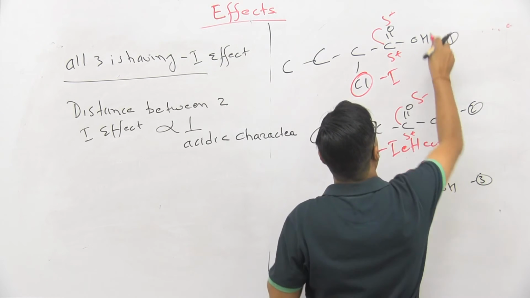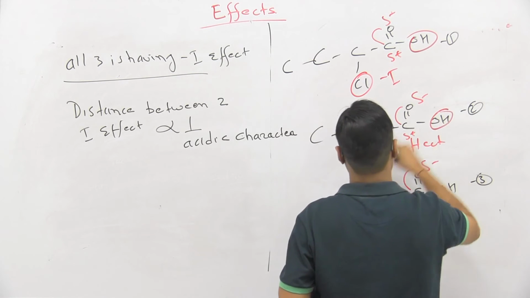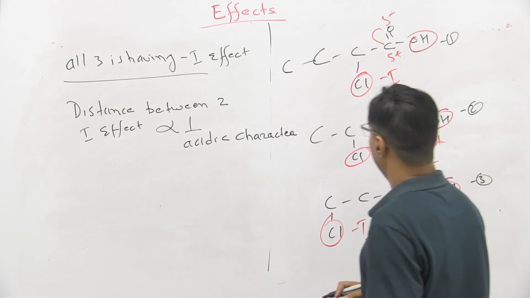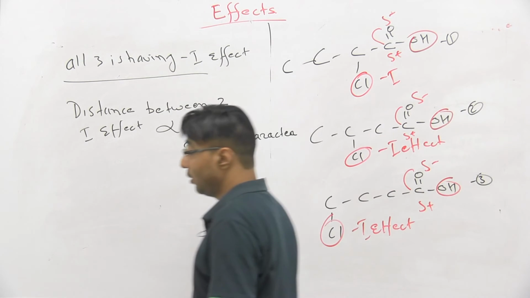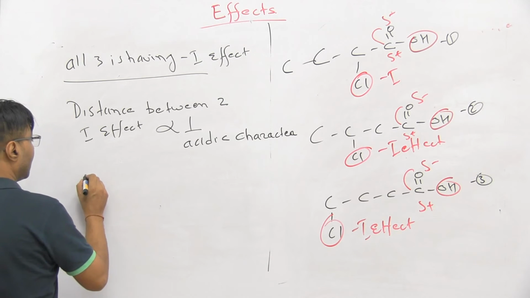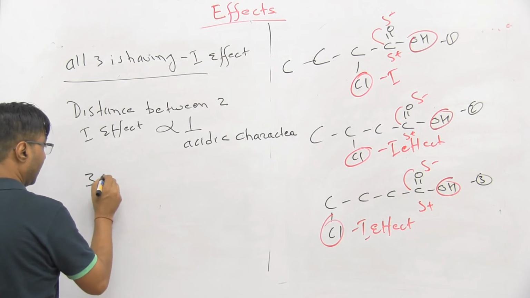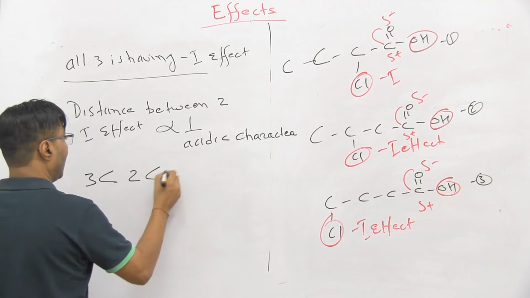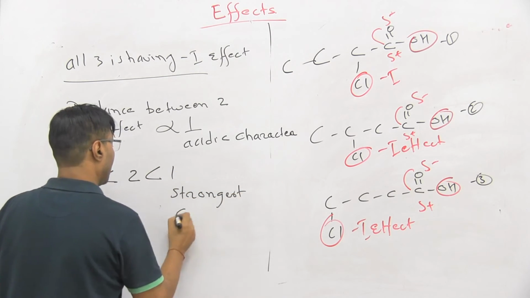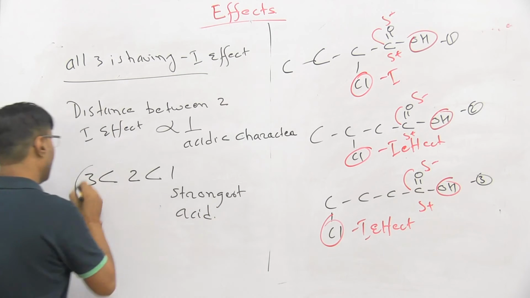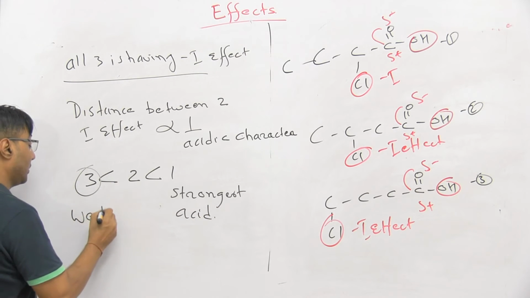Here, OH and Cl, OH and Cl, OH and Cl. Which has the highest distance? This has the highest distance. So the third is weaker, then the second, and the first is the strongest acid. And this one is the weakest acid among these three.